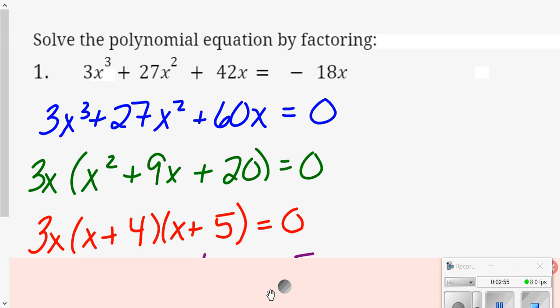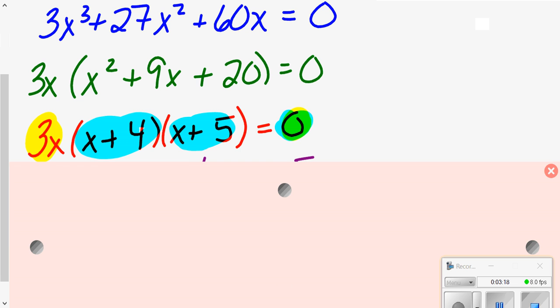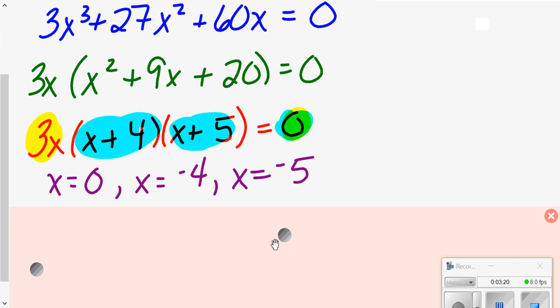I now know that it's factored because there's no way to break x plus 4 down more or x plus 5 into some other multiplication problem. And so now we use the power of 0, right? 0, my hero. We set each factor equal to 0. When I set each of those factors equal to 0 and solve, I would get these 3 solutions.